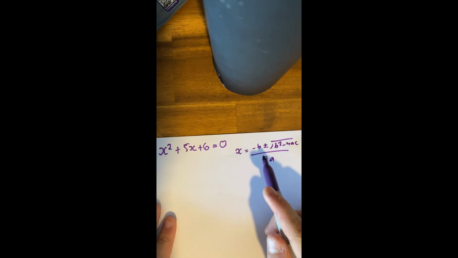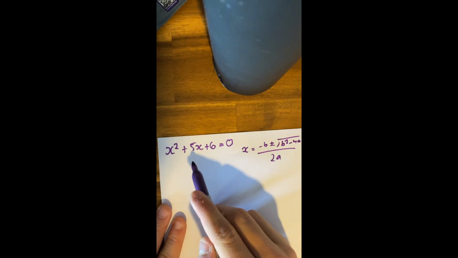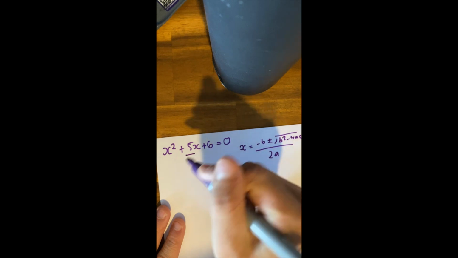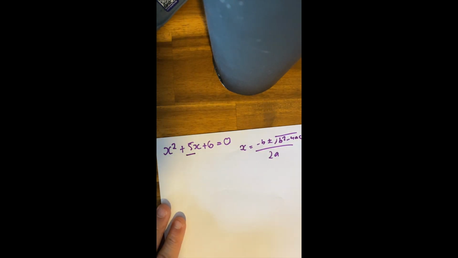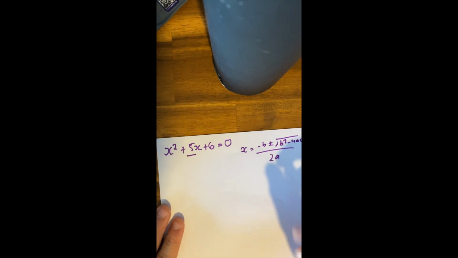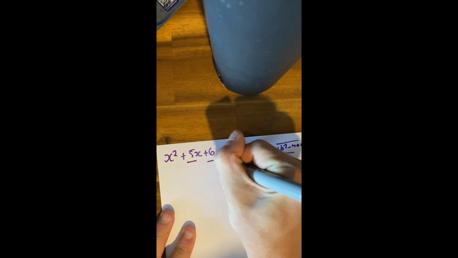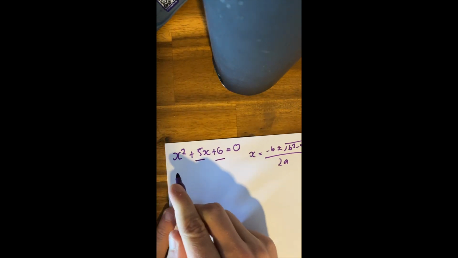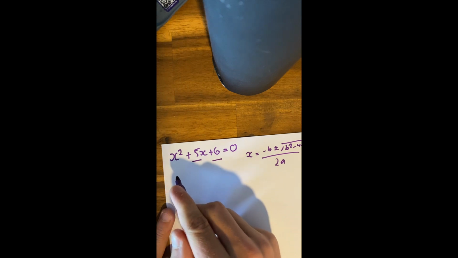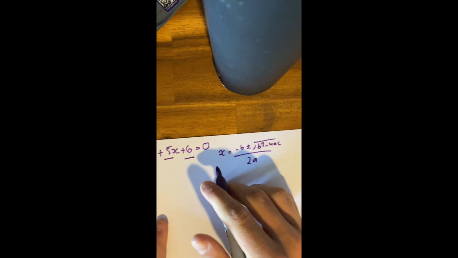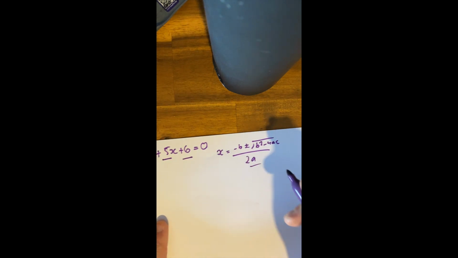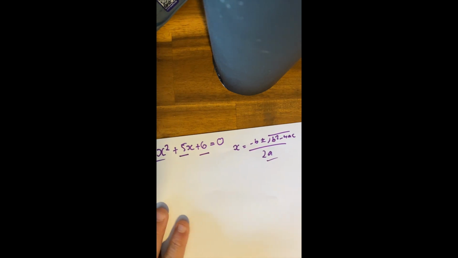So in this equation, b is simply the coefficient of x, which in this case is 5. c is the constant term here, and the coefficient of x squared, which is 1 in this case, is simply the value of a. And you substitute those in.